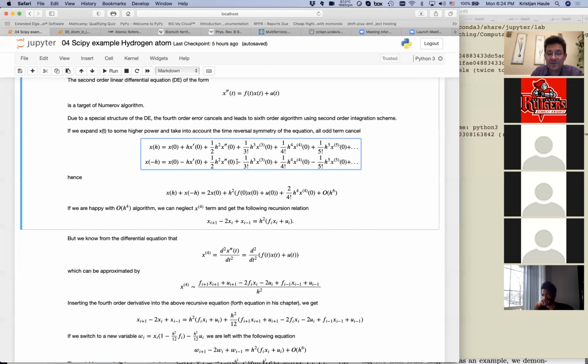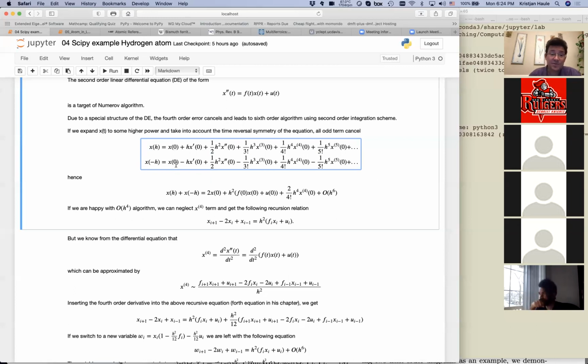And the derivative, of course, at 0 is still the derivative at 0 in both equations. So up to now, I haven't done any approximation, just expanding x for a small step ahead and a small step backward from an arbitrary point 0.